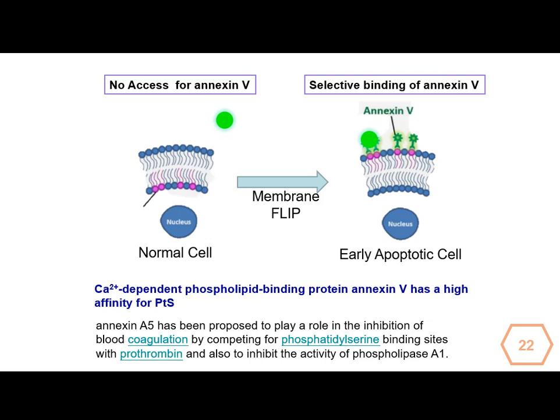So PI is used to differentiate the timing of apoptosis. PI can also differentiate whether the cell is undergoing apoptosis or necrosis. What happens in necrosis? Everything bursts out. So the membrane is not intact. So PI can go in there at an early stage of cell death.